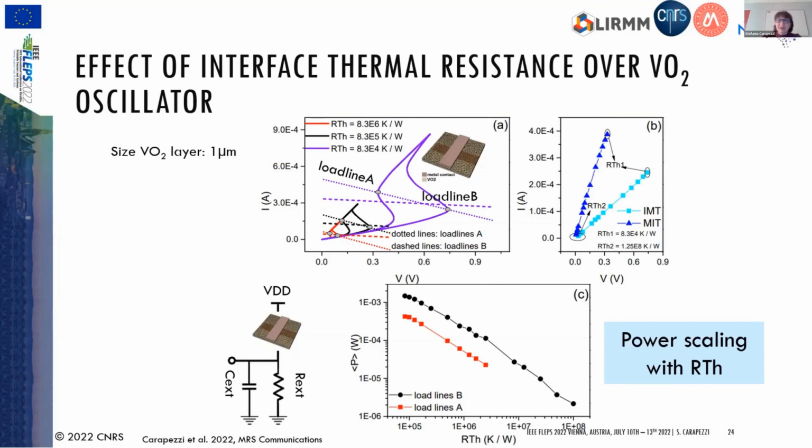This load line individuates a higher value of VDD, but at the same time allows you to work in a more stable region. So in both cases, what I got, and you can see in the plot in the bottom, is again a trend of decrease of the power with the increase of the interface thermal resistance, or with the decrease of the thermal conductance.